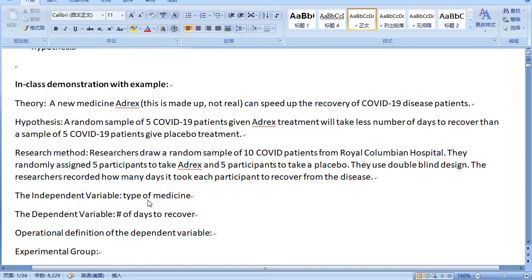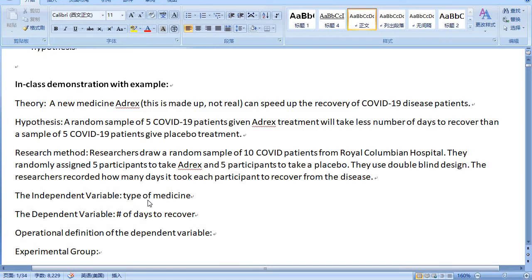The placebo is a fake medication. Basically, it's a pill that looks just like the real medicine, but it doesn't contain the chemical ingredients of the medication. And my prediction is that the group taking the real medication will recover faster than the group taking the placebo.